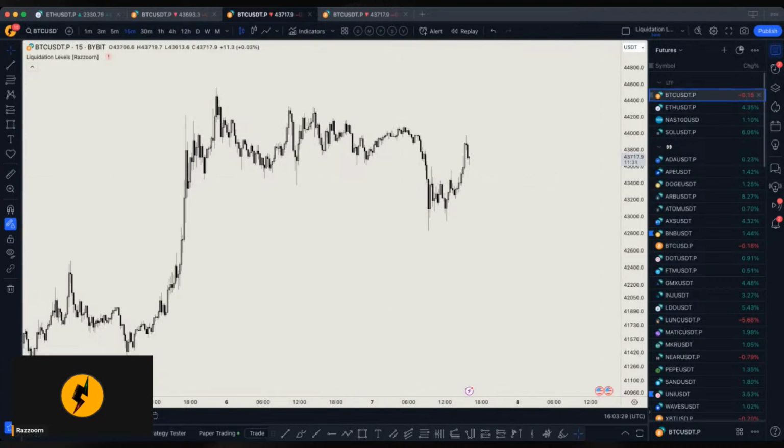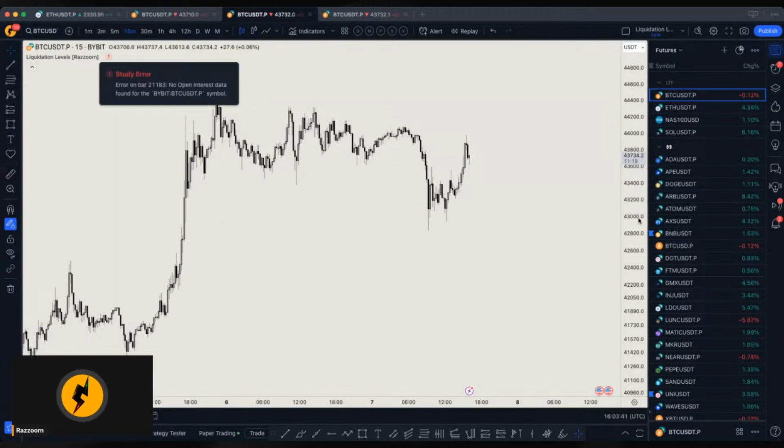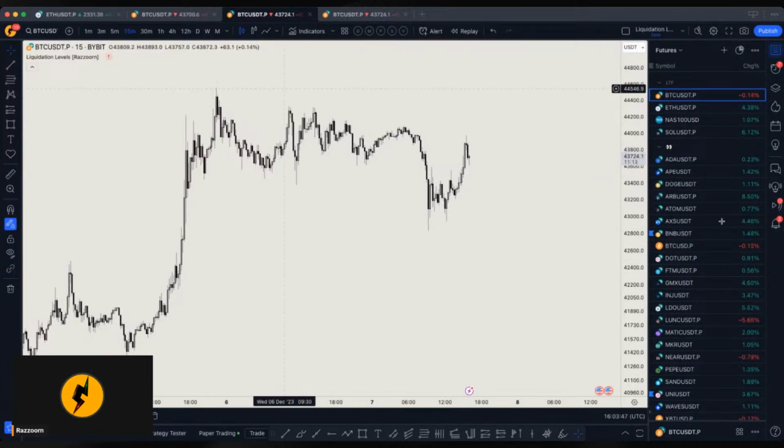This is the Bybit USDT perpetual chart, and if you don't see the levels, here's the error. It says no open interest data found in Bybit BTC USDT, and that's only because for some reason Bybit charts don't have open interest data available on TradingView.